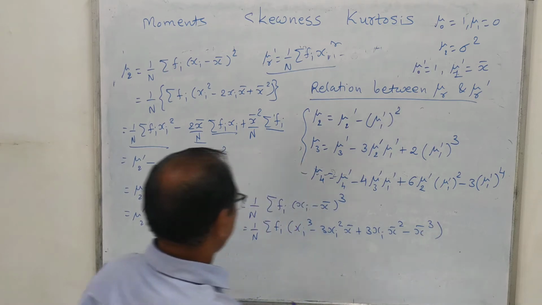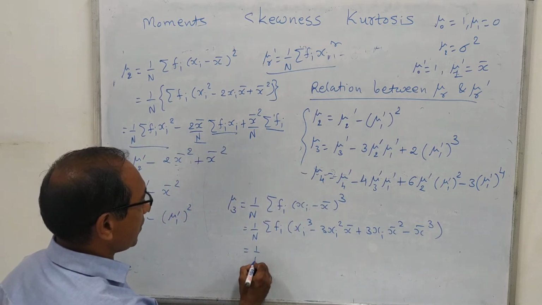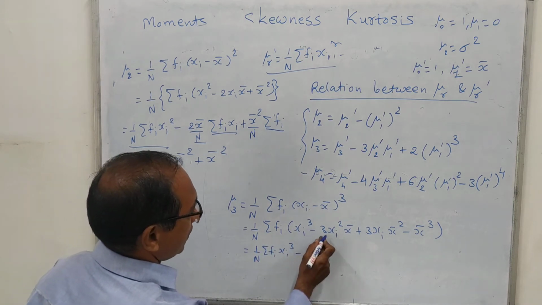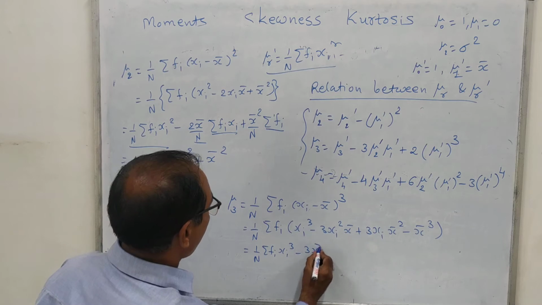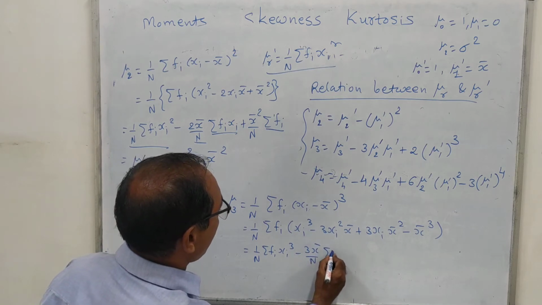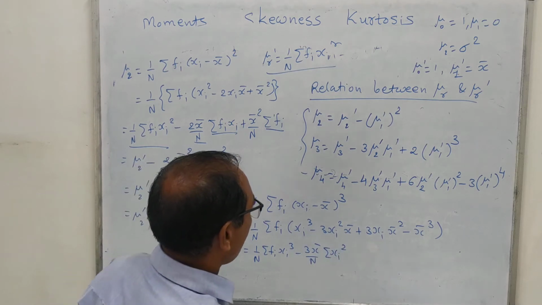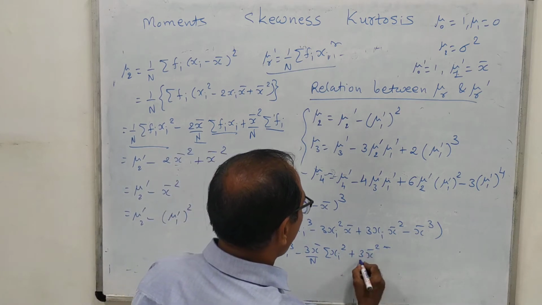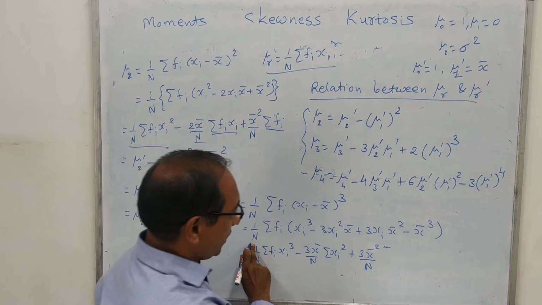If we split out this term, then we can get sigma fi xi cube. From this we will take x bar as common upon capital N, sigma xi square, plus 3 x bar square will be common.